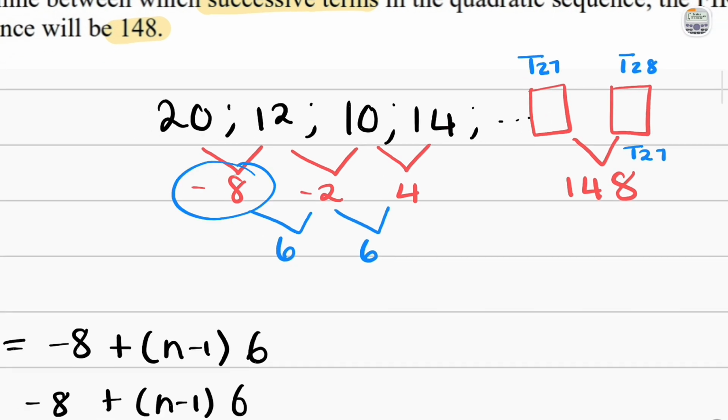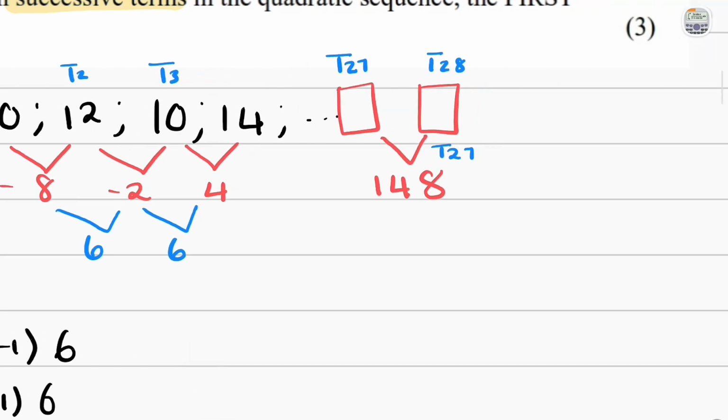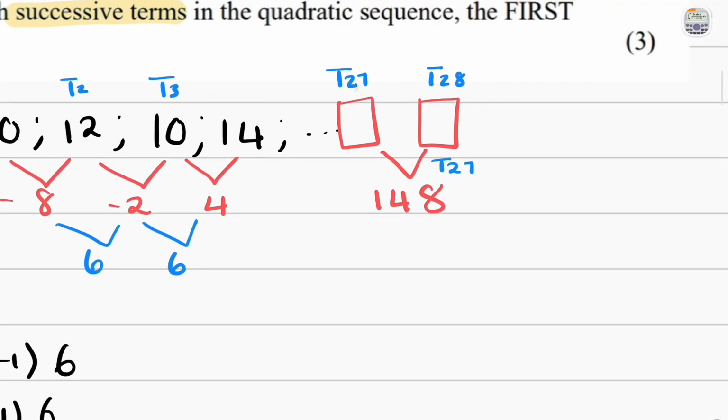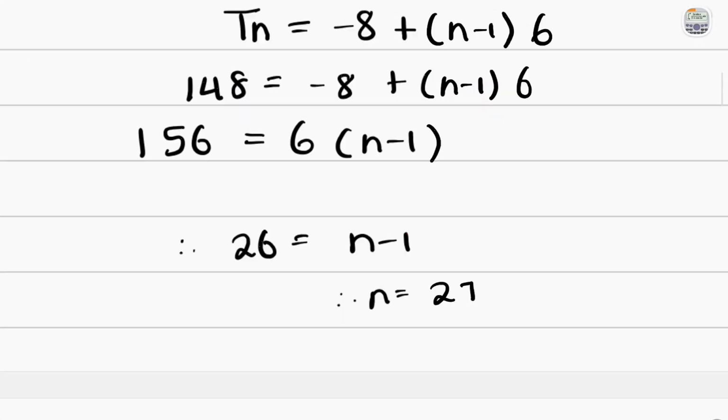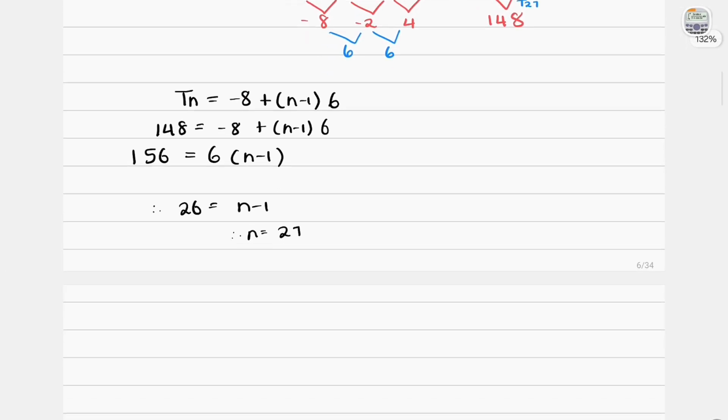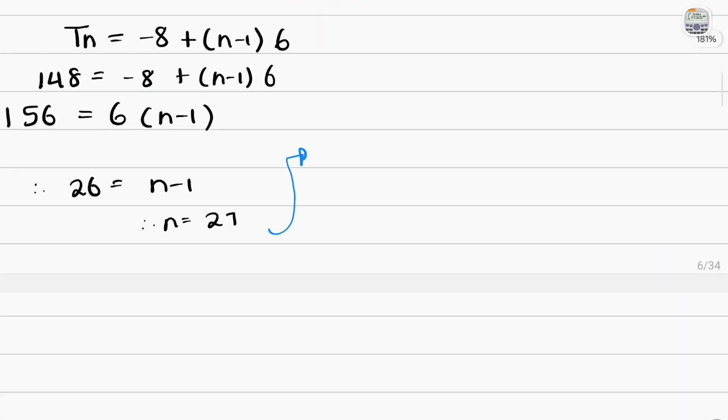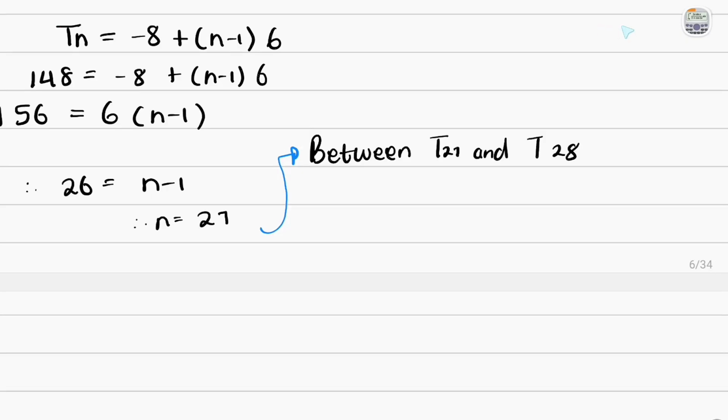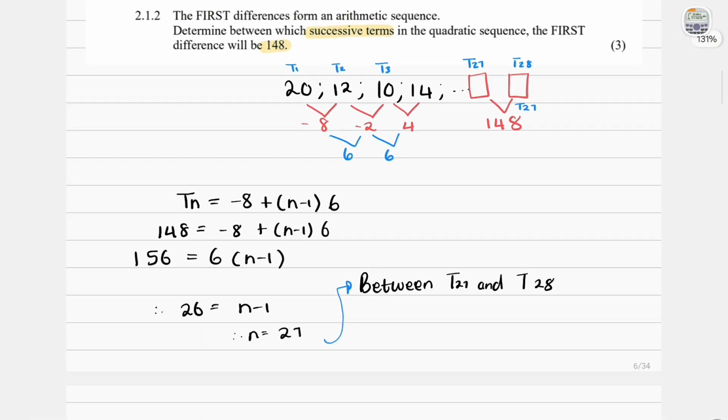Okay, just like here we have term 1 between term 1 and term 2 in the quadratic pattern. Term 2 is between term 2 and term 3 in the quadratic pattern. So term 27 would be between term 27 and term 28. So we need to just conclude that and tell them it's going to be between term 27 and 28. Okay, and that is our answer. Moving on to the next question.